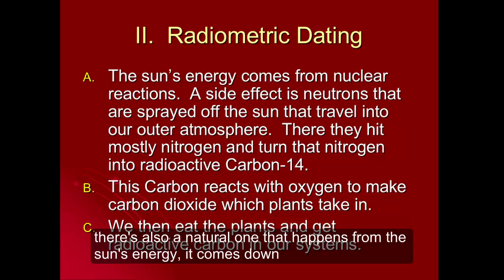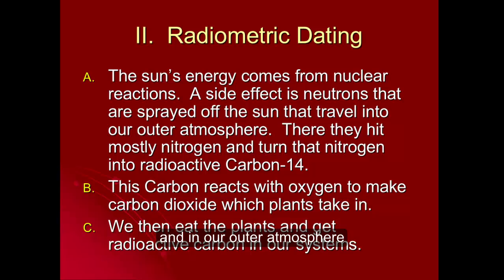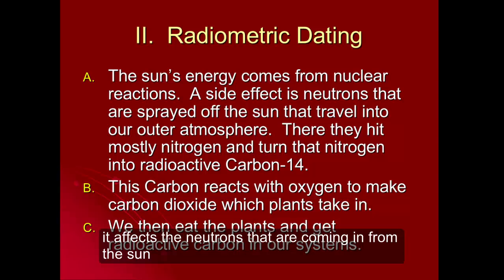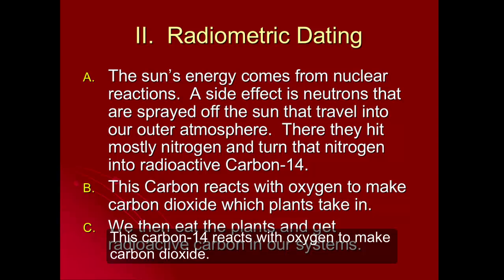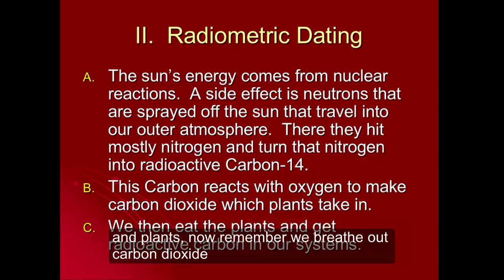There's also a natural one that happens from the sun's energy. It comes down, and in our outer atmosphere, it affects the neutrons that are coming in from the sun. And those neutrons hit nitrogen. And when they hit nitrogen, they turn into carbon-14. This carbon-14 reacts with oxygen to make carbon dioxide. And plants, you'll remember we breathe out carbon dioxide.